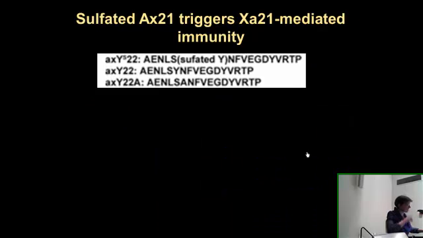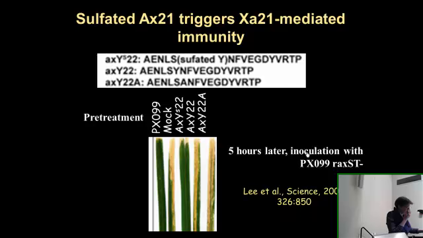So we then tested if AX21 could trigger XA21-mediated immunity. We synthesized 3 peptides, one that's sulfated on the tyrosine, one that's non-sulfated, and an alanine mutation. And we carried out our assays, and essentially what we do is we take leaves, we clip off the end of the leaf, and we dip it in the peptide or a supernatant.